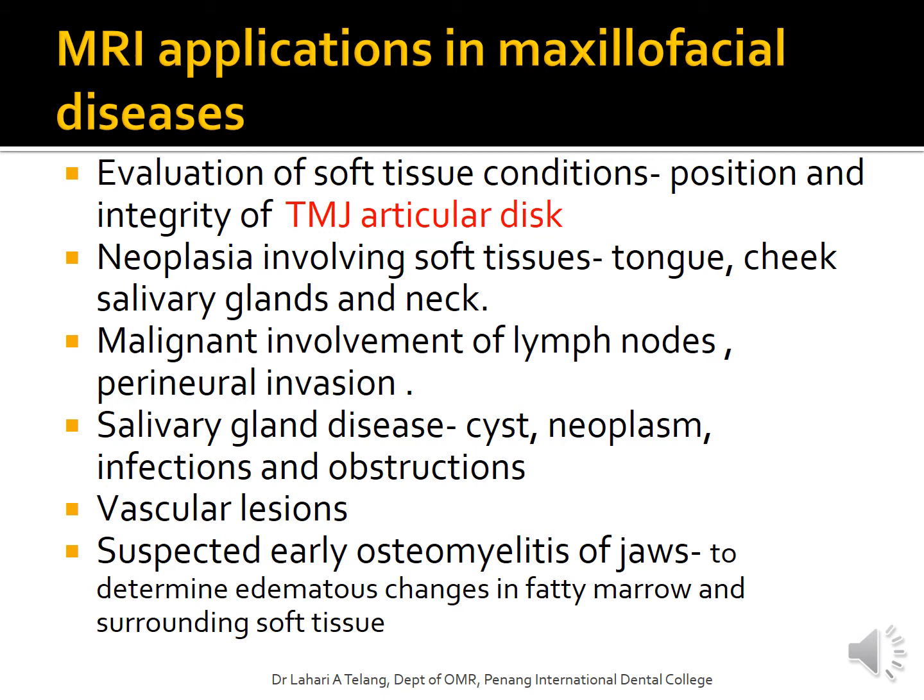Other than that, MRI can also be useful in visualizing neoplasia of the soft tissues like the tongue, cheeks, salivary glands and neck, specifically malignant involvement of the lymph nodes and perineural invasion, salivary gland diseases like cysts, neoplasm, infections and obstructions, vascular lesions, and suspected early osteomyelitis of the jaws to determine edematous changes in fatty marrow and surrounding soft tissue.